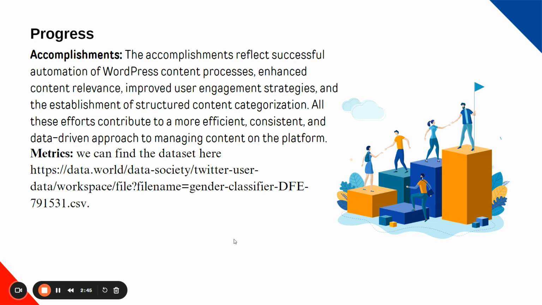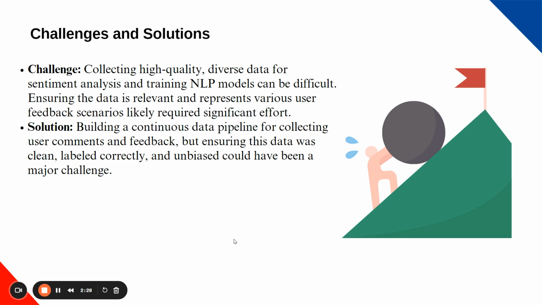So the accomplishments reflect the successful automation of the WordPress content process, enhanced content relevance, user engagement strategies, and the establishment of structured content categorization. Challenges faced: collecting high-quality and diverse data for sentiment analysis and training NLP models can be difficult.